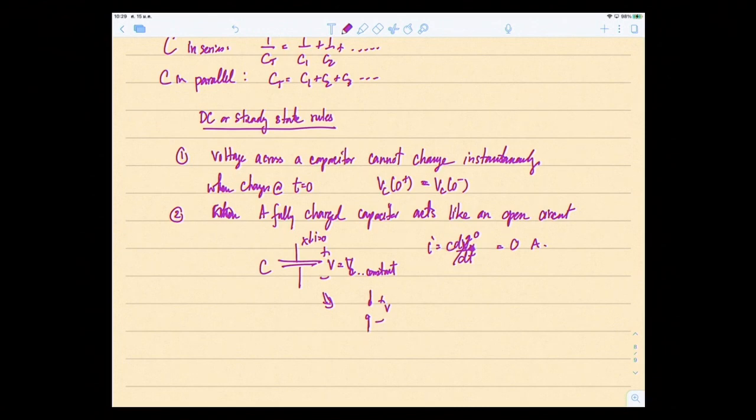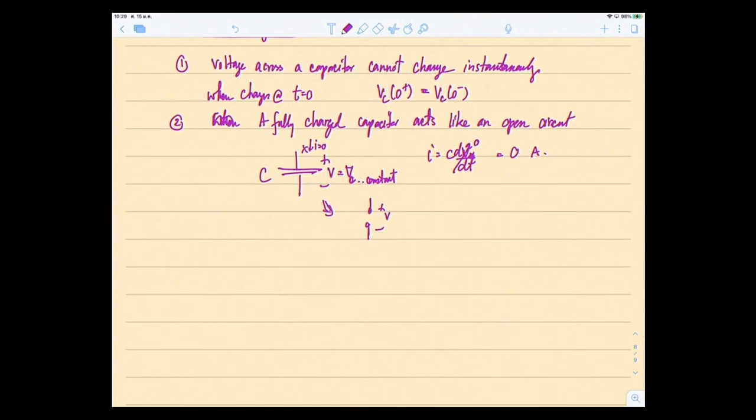So I'm going to do an example. Simple example, it just looks difficult.